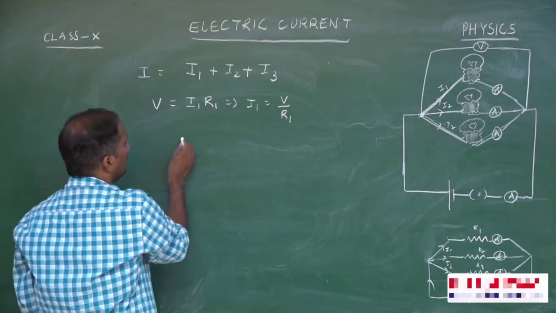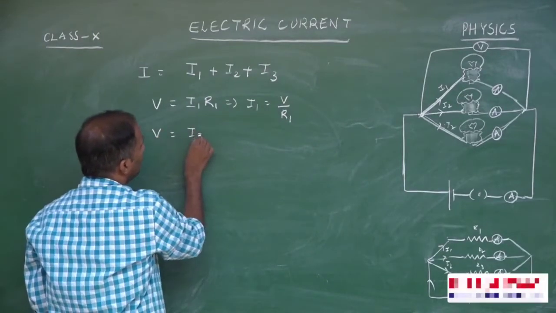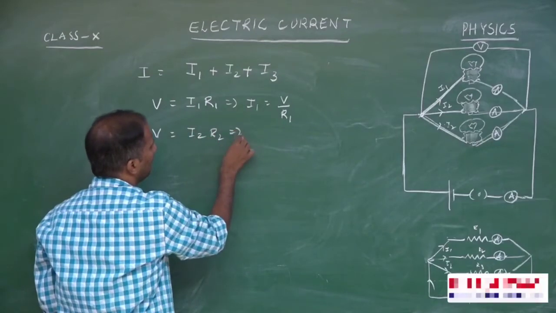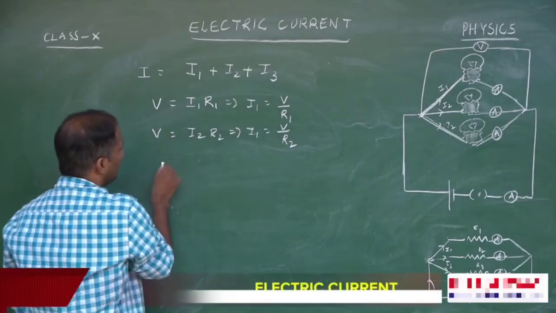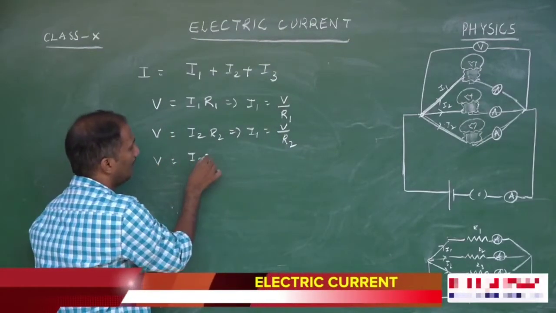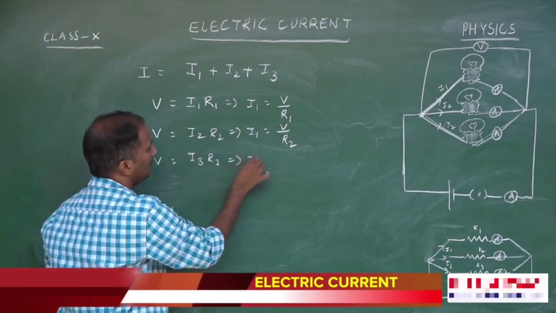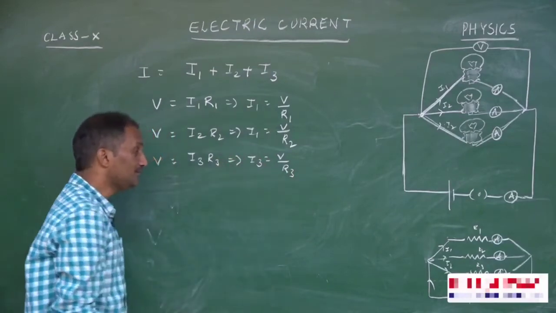Also the potential difference at the second bulb is V equals I2 R2. This implies I2 equals V by R2. Like that, the potential difference at the third bulb is V equals I3 R3. That implies I3 equals V by R3.